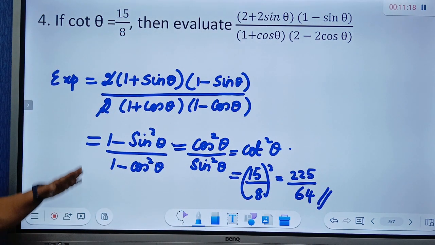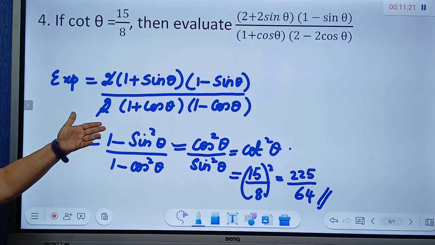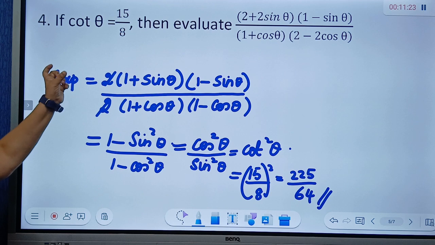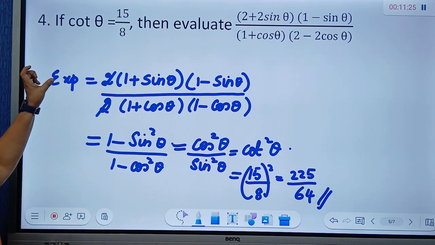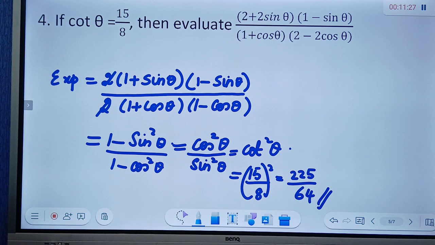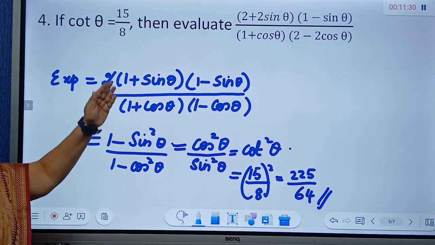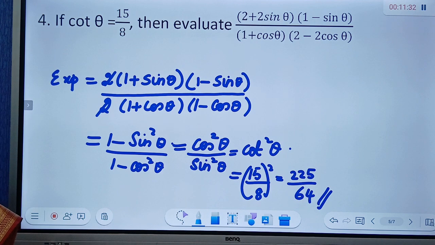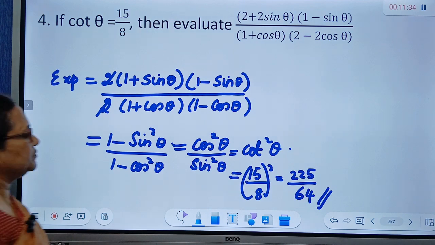Is it clear how you can simplify the expression and make use of the fact that cot theta equal to 15 by 8? Substitute for cot theta at the right place. Then you can simplify the given expression as 225 by 64.